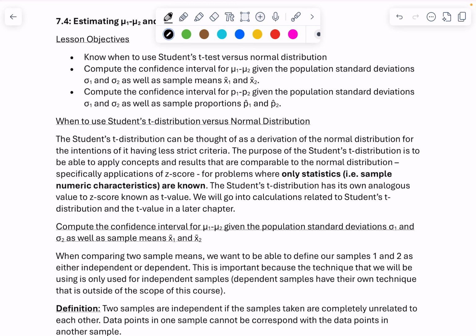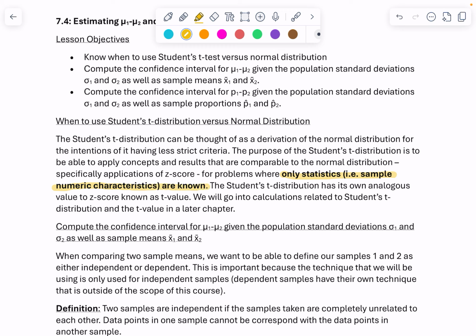The way that it was derived, it's a little bit more of a lax normal distribution. We don't have as many criteria that need to be met to use the student's t-distribution. Its biggest application is that it can be used for problems where only statistics, such as sample numeric characteristics, are known.